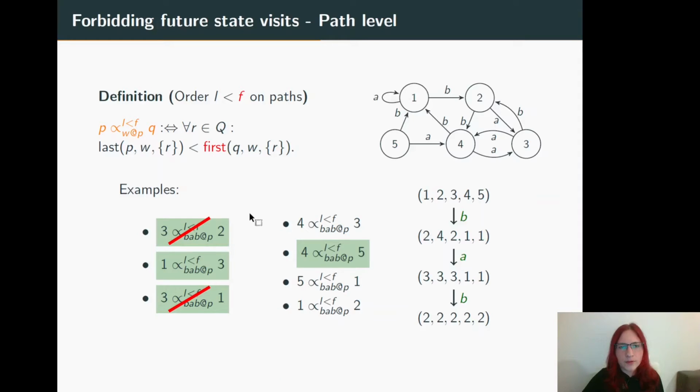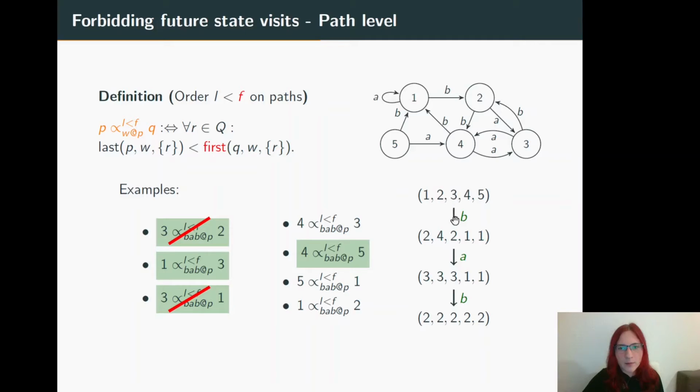In all previously considered cases, we had that the state 3 is related to the state 2, since 2 is the final synchronizing state. This is no longer the case if we consider this order here, where the first visit of the state 2 forbids future visits of the state 3.